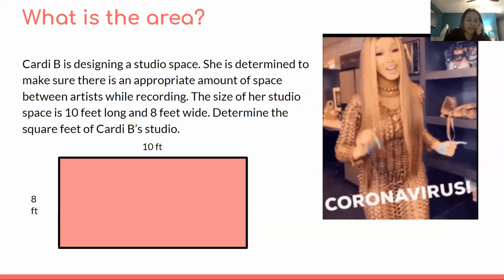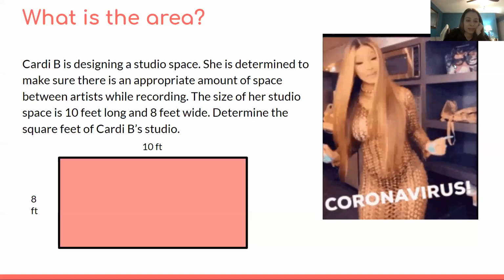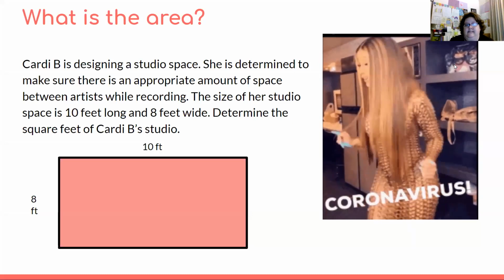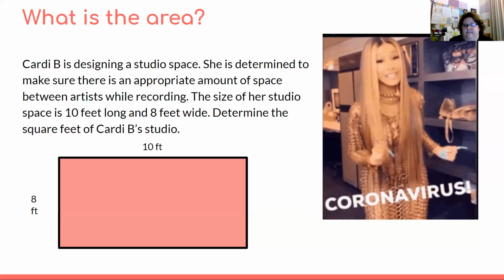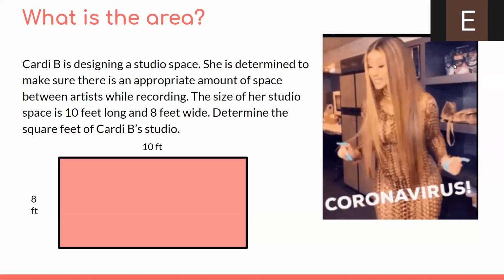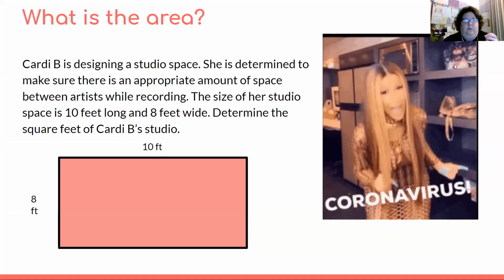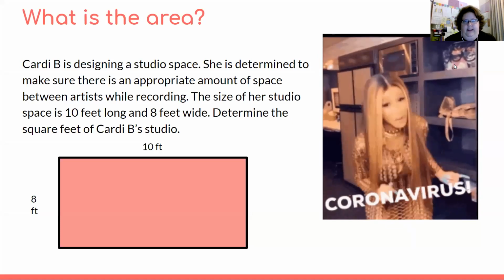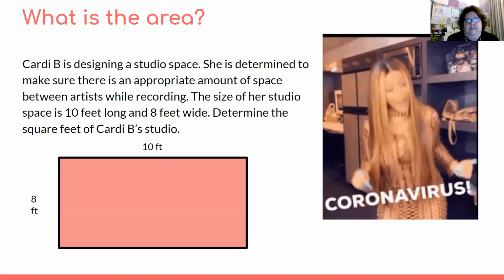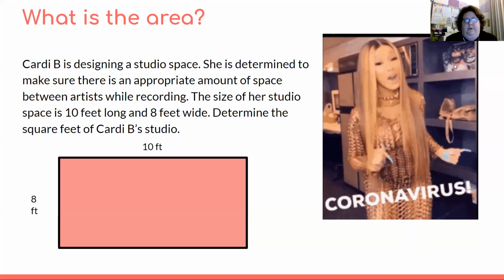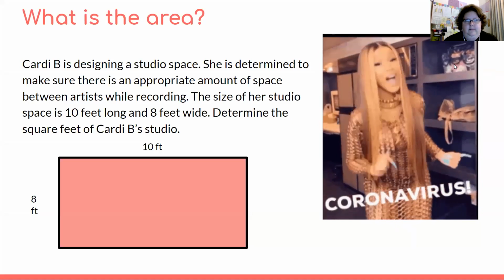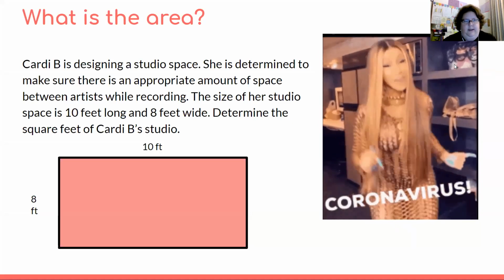Multiply. Yes, we're going to multiply the length and the width. So what is 8 times 10? 80. And what is special about when we mark our measurements on the area? Feet squared. Good.